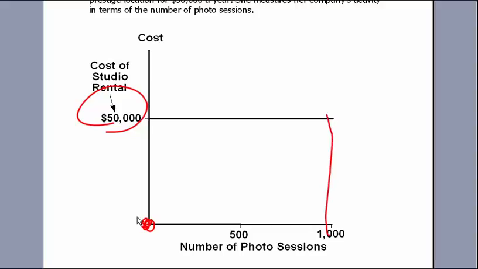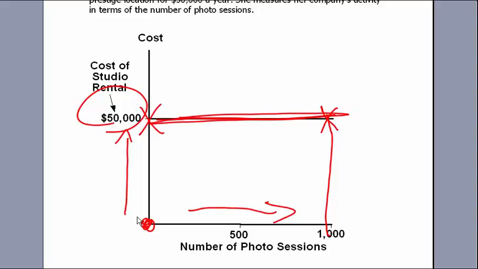If we have 1,000 photo sessions, we still have the same amount of rent. It's still going to cost us $50,000.